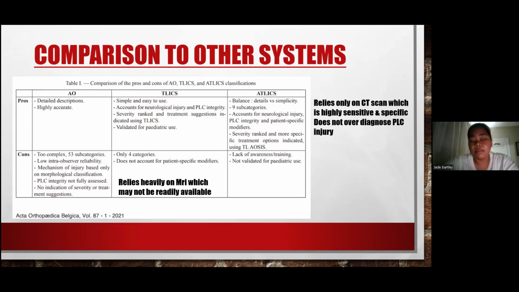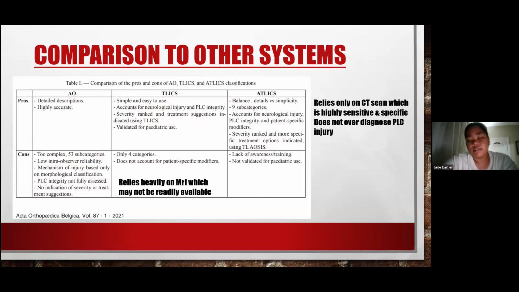Comparison to other systems. So as mentioned before, moving from AO Magerl, which is actually more complex, it had at least 53 subtypes. In contrast to your TLICS, which was easy to use, it's simple.